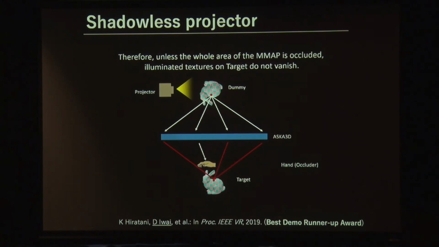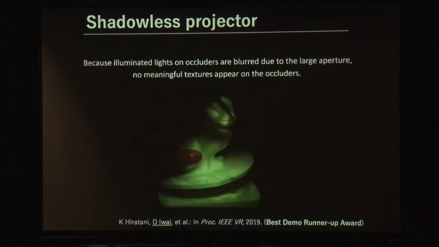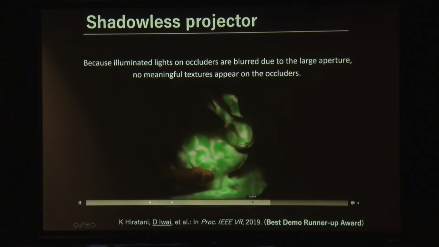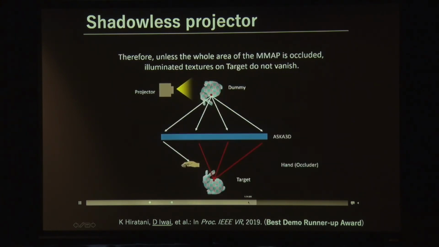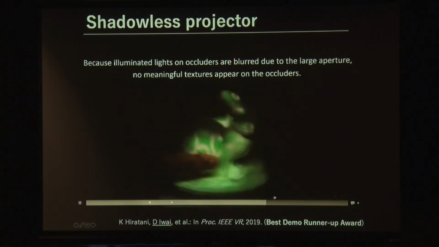And this reflected light goes through this optical element onto the target object. And if the optical element is large enough, like this, your hand cannot block all the light from above. It creates the shadowless effect.